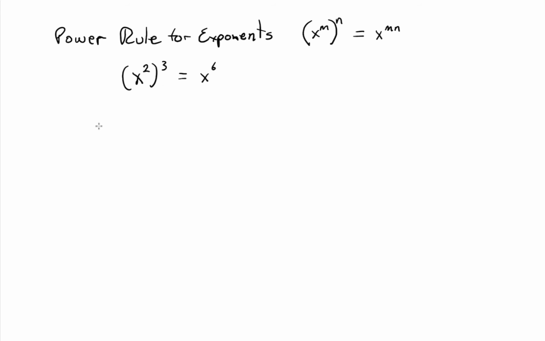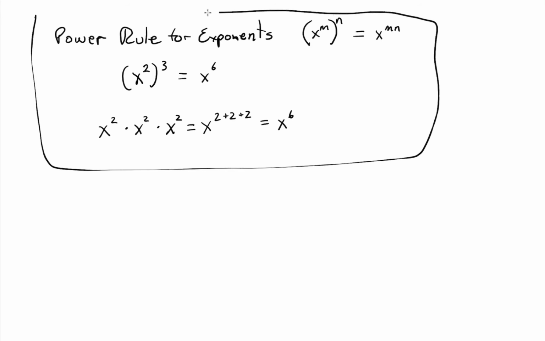The illustration of that is x squared times x squared times x squared. 2 plus 2 plus 2 equals x to the 6th. Okay? That's the same thing we got here, we just multiplied. All right? So you're going to want to write this illustration down in your notebook. That's a for sure important note.